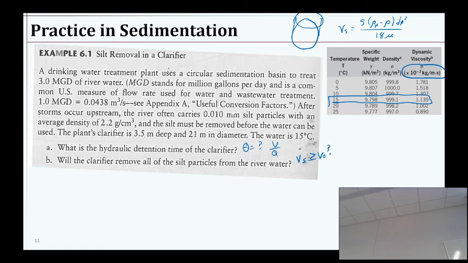Okay. Volume would be this then. Volume of the cylinder.